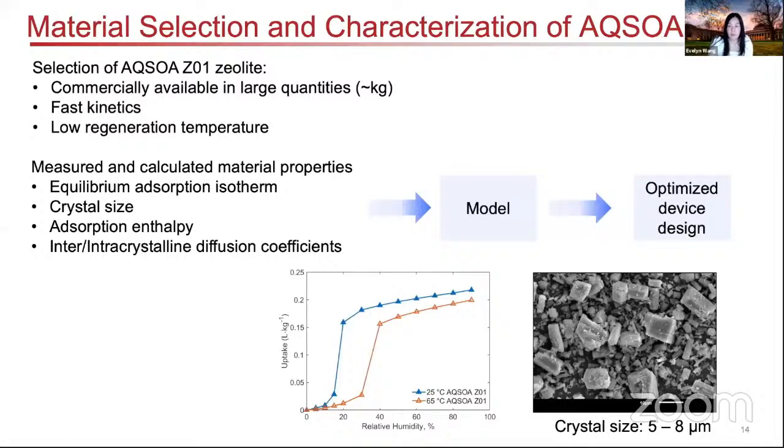And further, what's really critical in the design of these kinds of systems is the material's kinetics in terms of the rates by which we can actually capture and release the water from the material. So we've been able to now characterize material properties, including the isotherm, the crystal size, adsorption enthalpy, and the diffusion coefficients, and put them into models that help us now optimize device design. And so that's what we'll show you in the results for the next few slides.